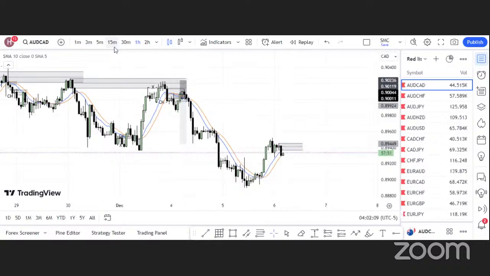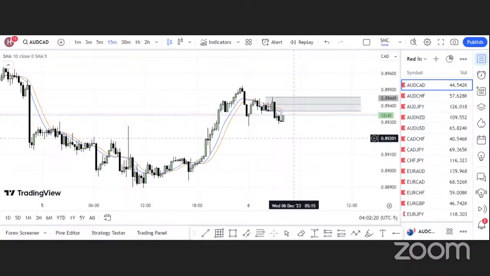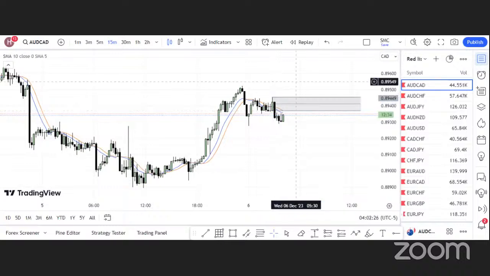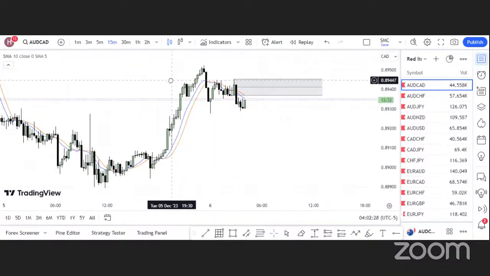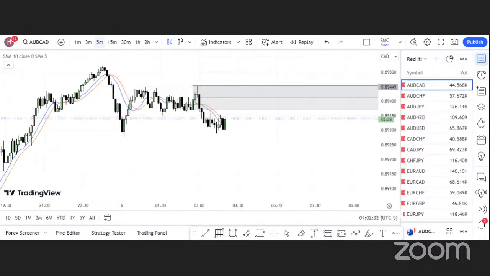Let's go to the 15 minutes time frame. Let's wait and see if this is going to get here and reject. Once we get a rejection here, we are going to place our sell trade immediately. Let's go to the 5-minute time frame. No, it's going to be much better there. Beautiful, beautiful, beautiful.